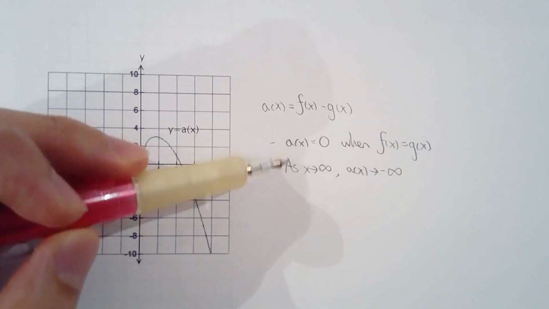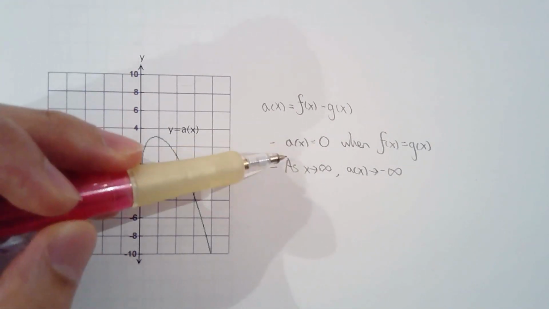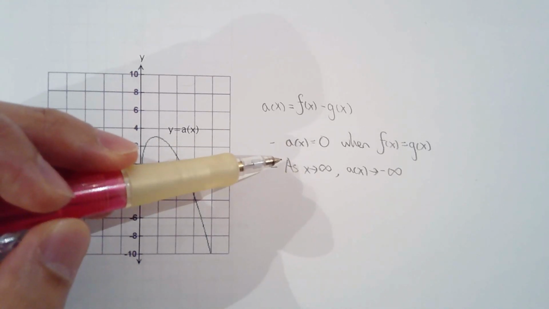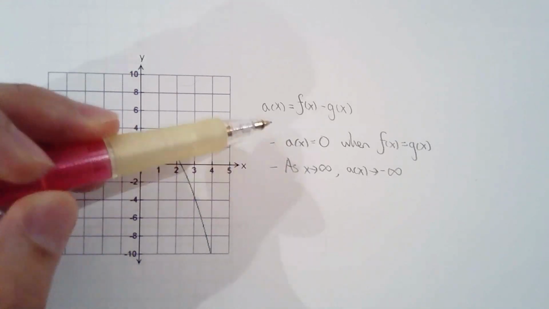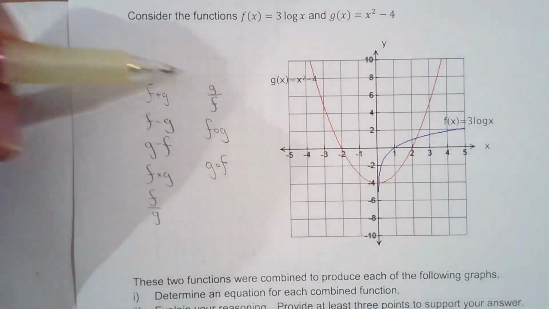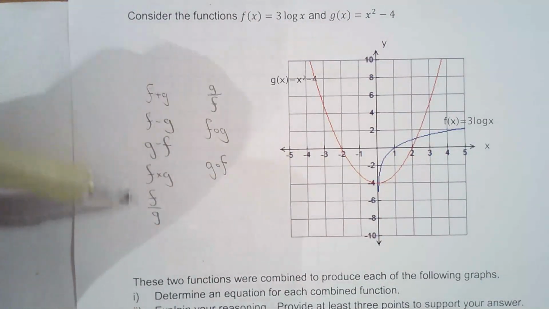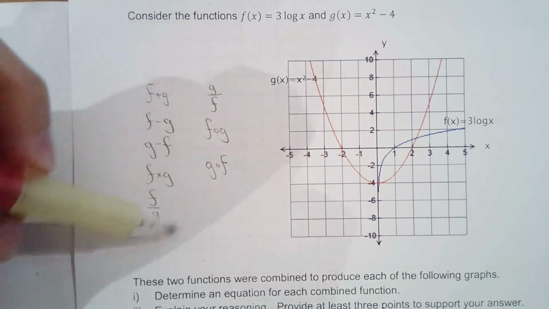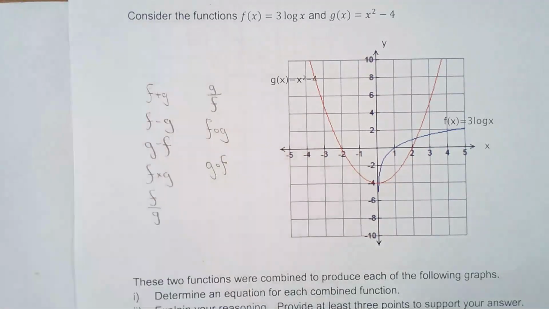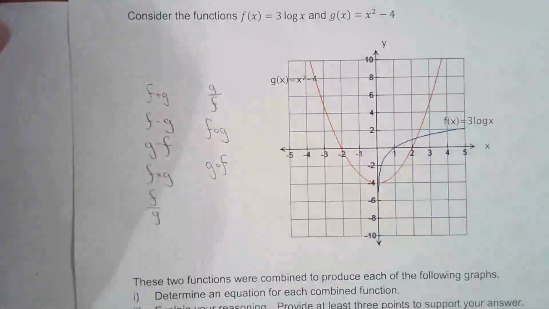Okay, with these 2 properties of a of x, I've basically confirmed that there was no other way to combine those 2 functions, f and g, to have those 2 properties at the same time. It had to be f minus g. So I'm basically done, okay?